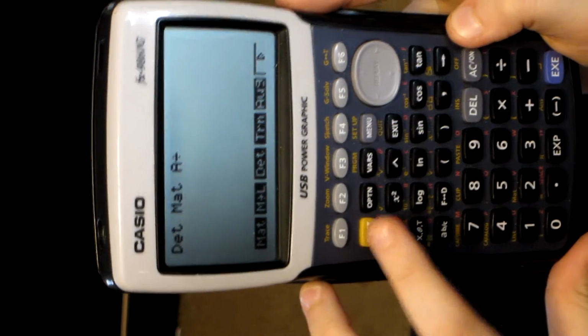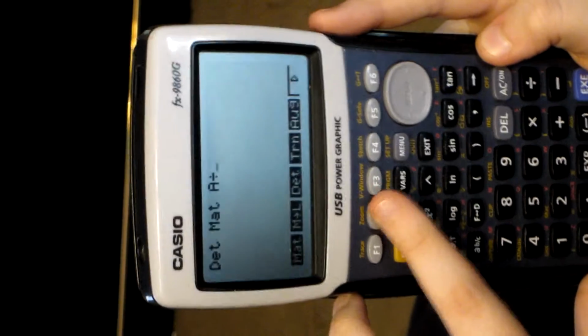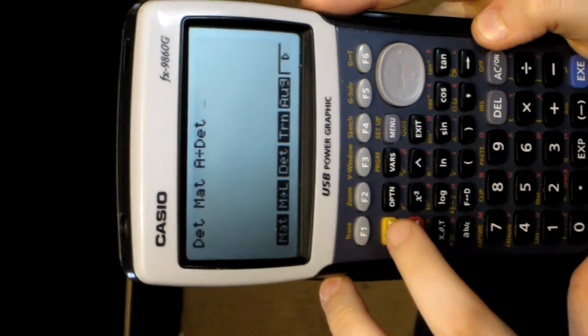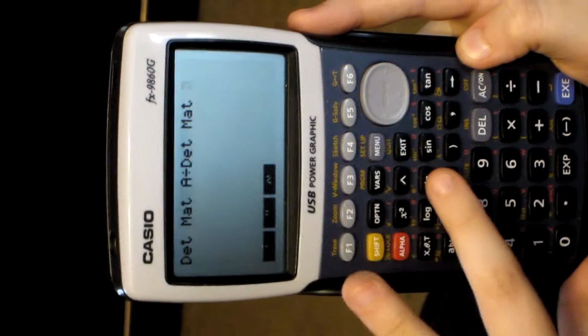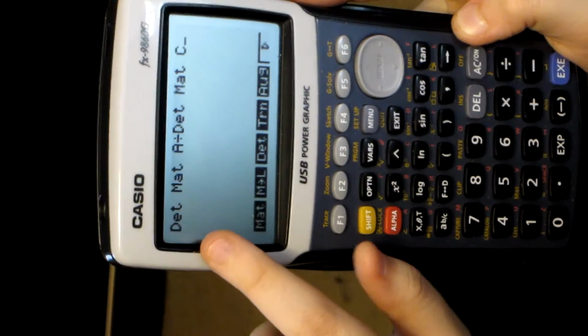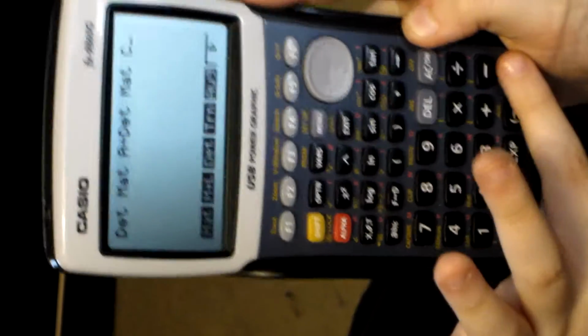Then you go option F2, determinant F3, shift over mat alpha C. That's what we're going to do, because we've pre-programmed it.